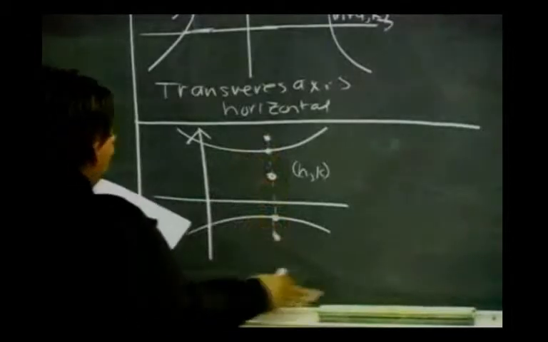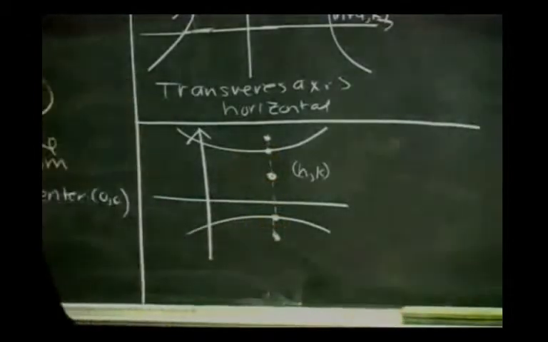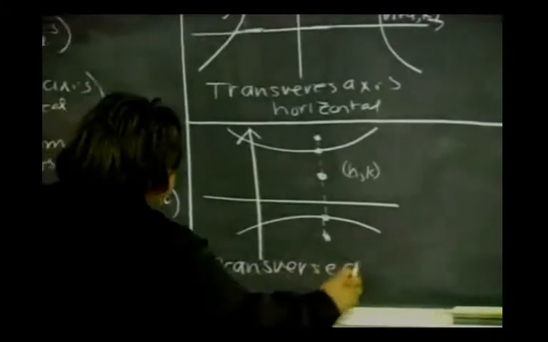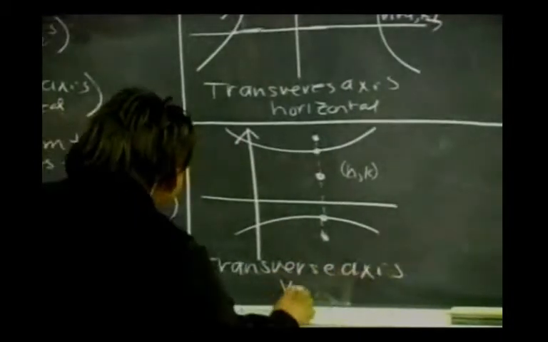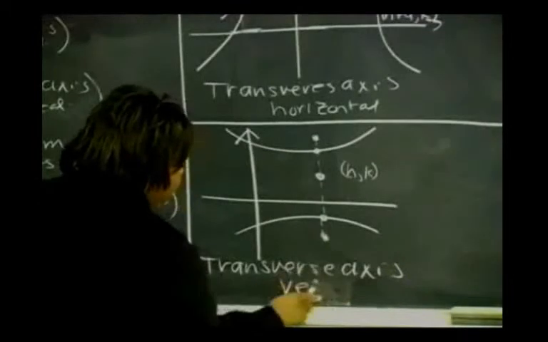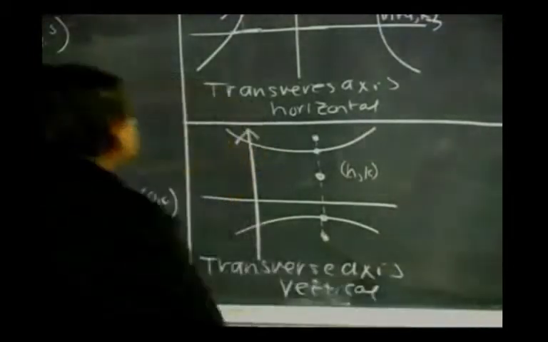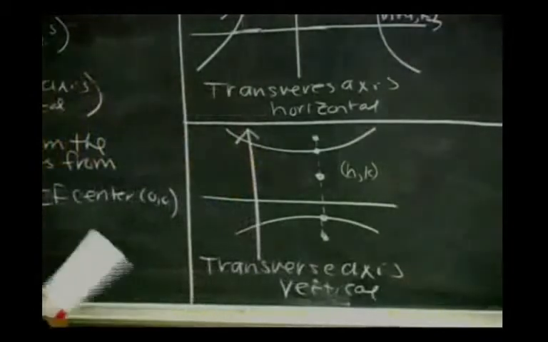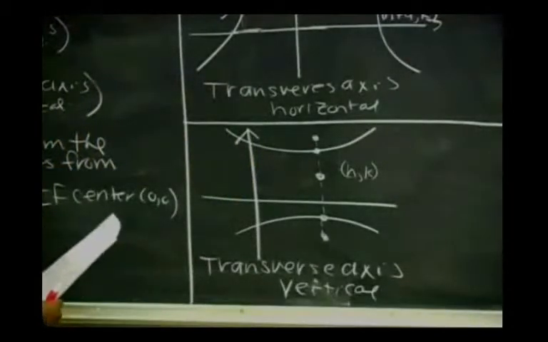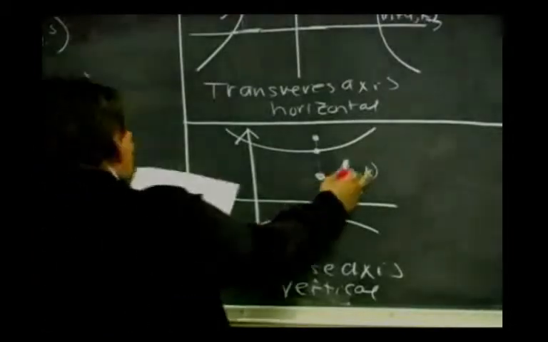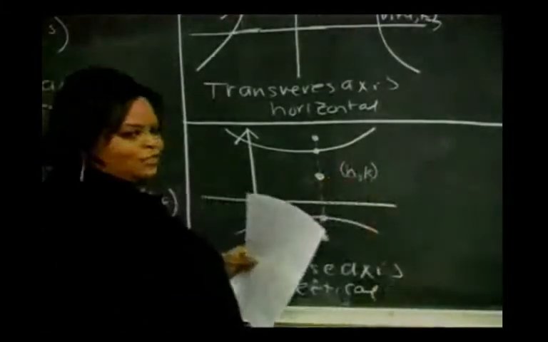So there, now my transverse axis is vertical. Again, the vertex is a units from the center, but since I'm vertical, I'm going to be doing plus or minus on that k.